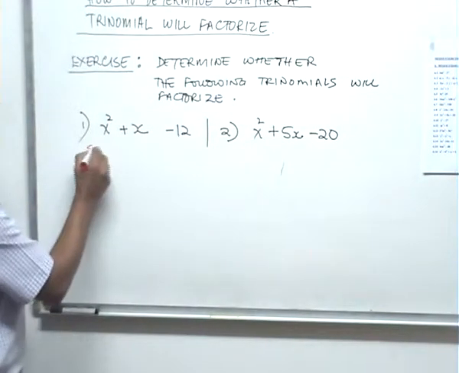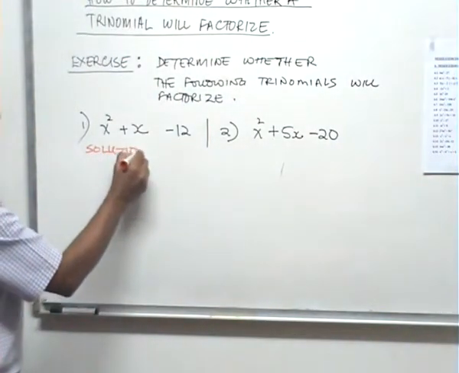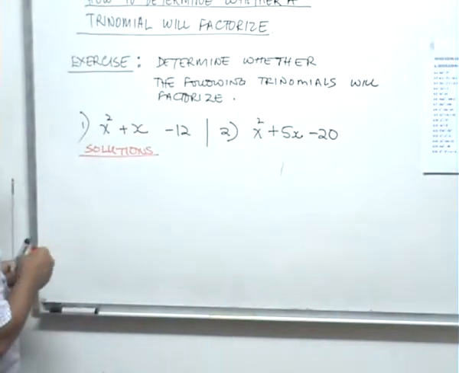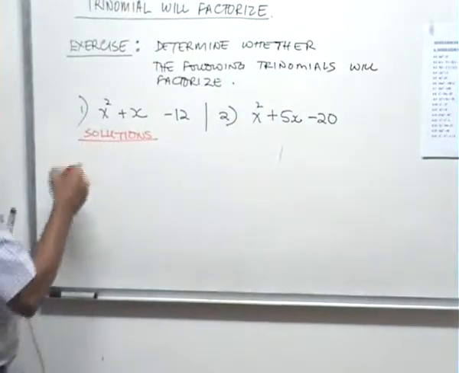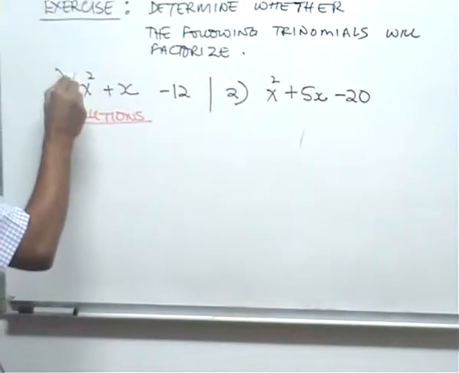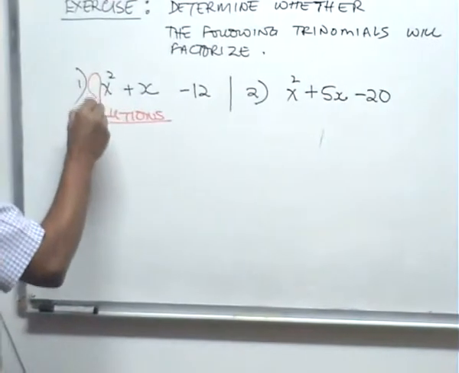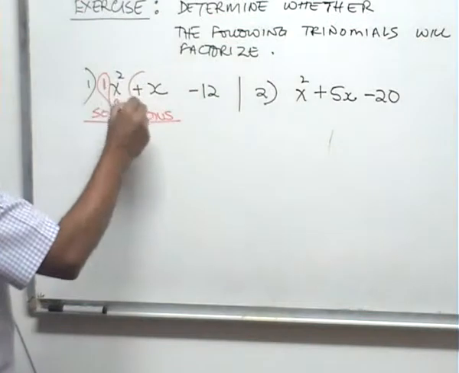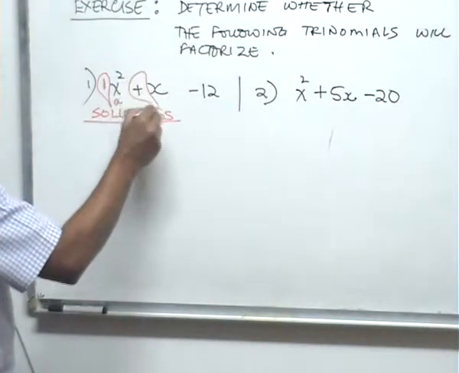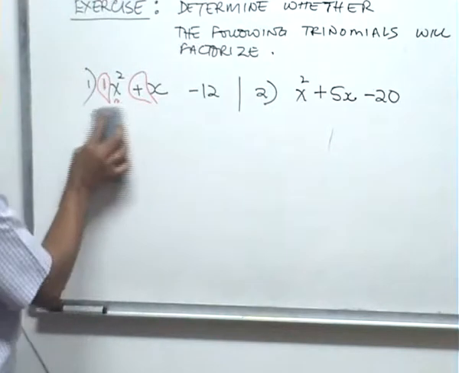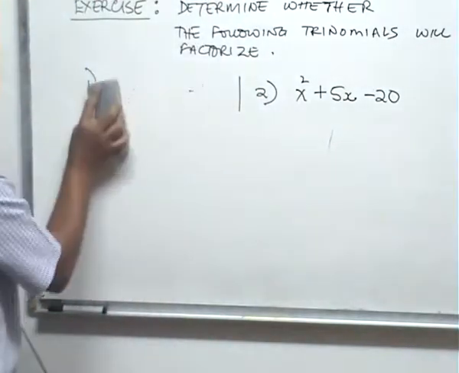Alright, so here are the solutions. Firstly, you've got to identify A, B and C. Oh, that's not good. Let's do it neatly.